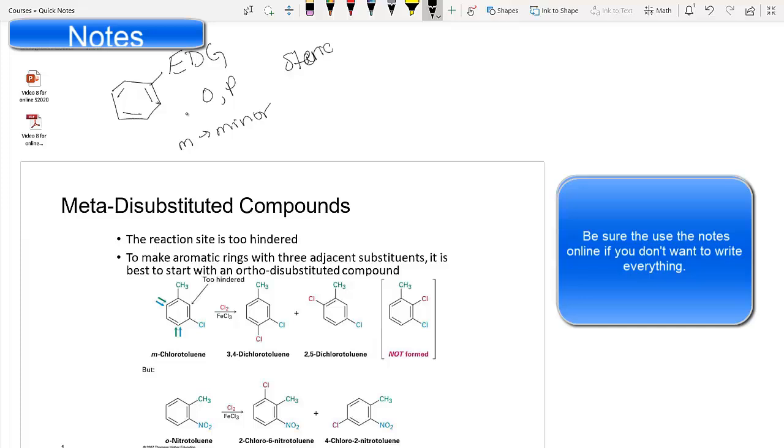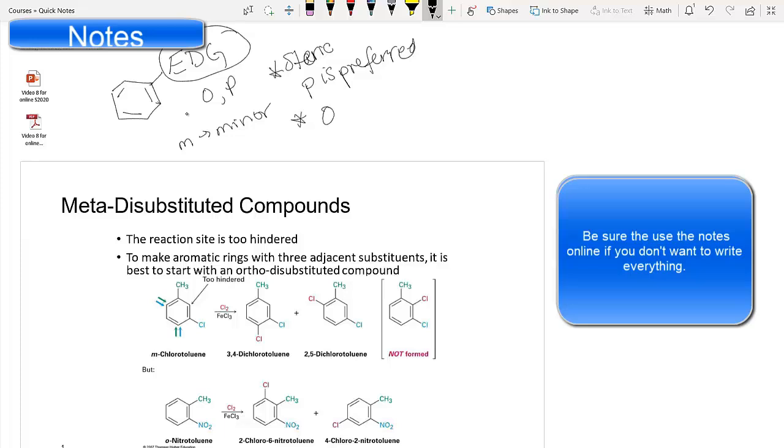And so the other thing to keep in mind in terms of these reactions is that if your electron donating group has a lot of steric hindrance, the para position is going to be preferred, and that's because the ortho positions will be more blocked than the para position.